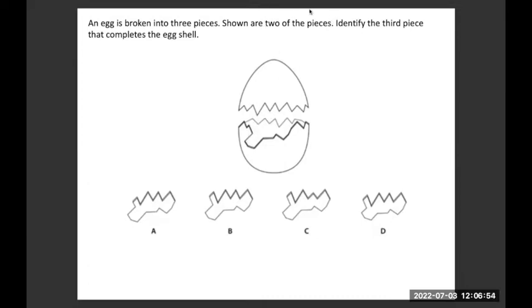So logically, the broken part will be somewhere between these two red dots.